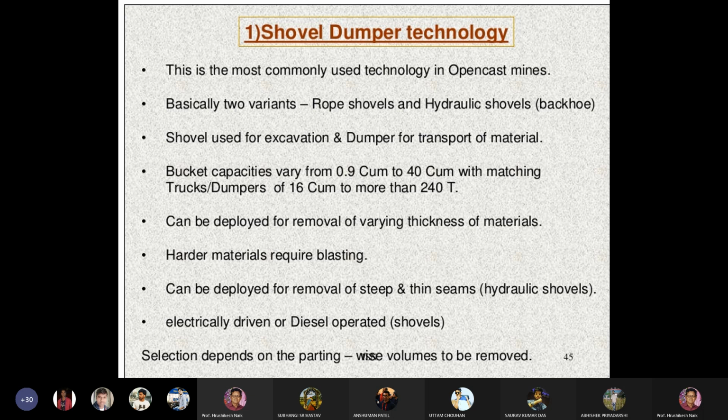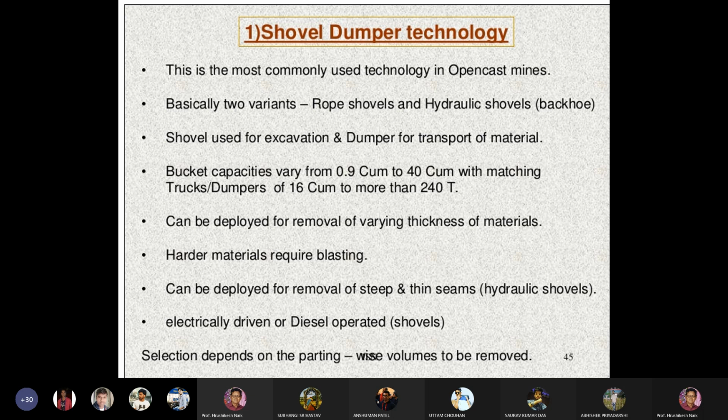It can be used for harder materials where blasting is required, and can be deployed for removal of steep and thin seams with the help of a hydraulic shovel.